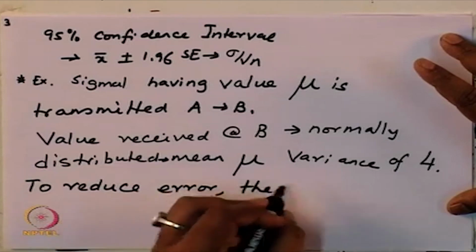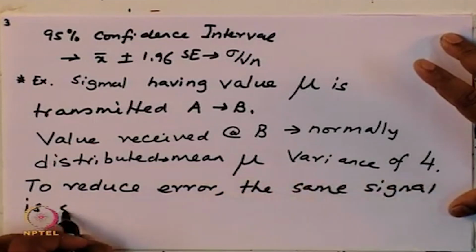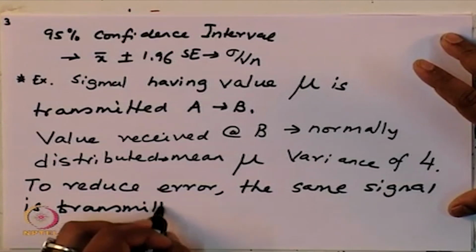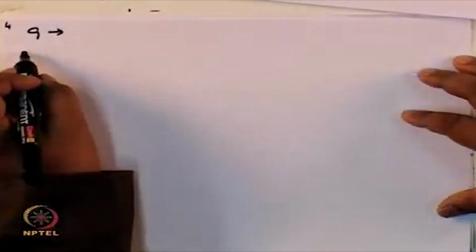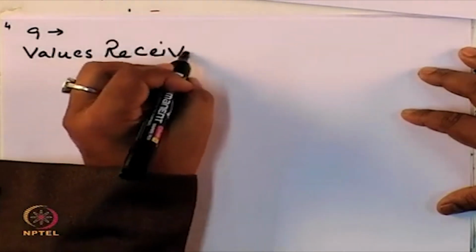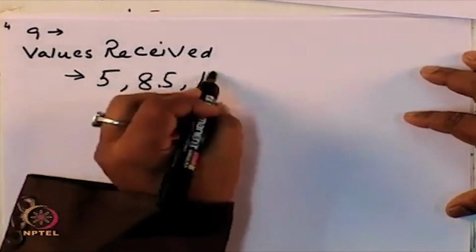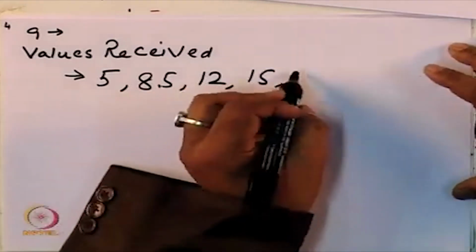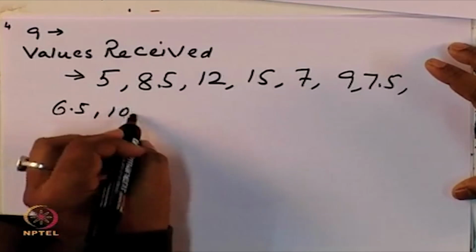To reduce the error, the same signal is sent 9 times, and the values received are as follows: 5, 8.5, 12, 15, 7, 9, 7.5, 6.5 and 10.5.